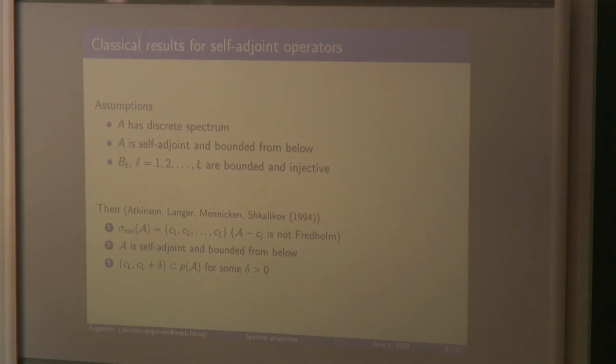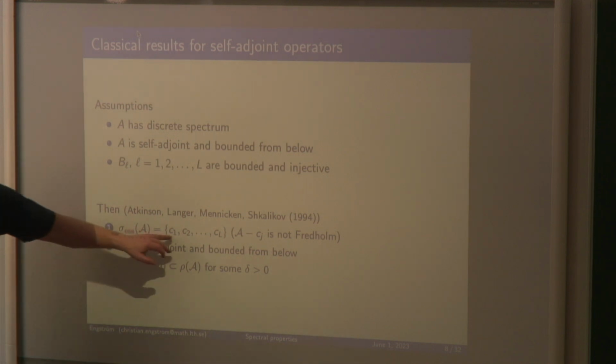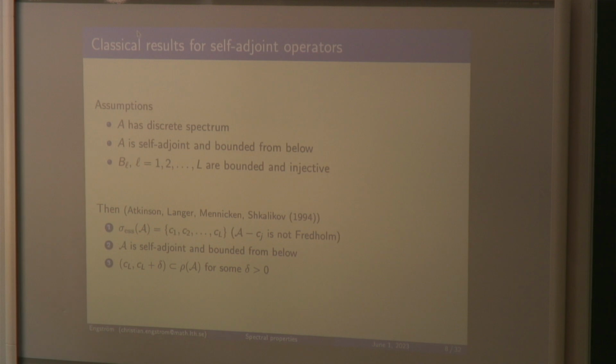And then there is some general theory developed in a series of papers. I mention one here, but there are also others, that tell us that the central spectrum of the block operator matrix is exactly this C1 to CL. And also, if we do it correctly, it can be defined as a self-adjoint operator bounded from below.